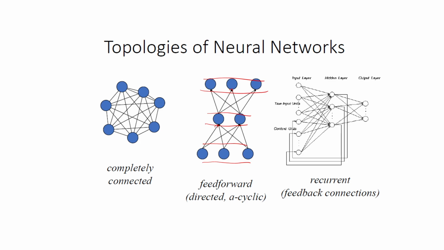You can also have recurrent networks, which are widely used for voice or speech processing, and they have feedback connections, right. So, basically it can come back. If the output is not good, then the second layer can provide feedback to the first layer.